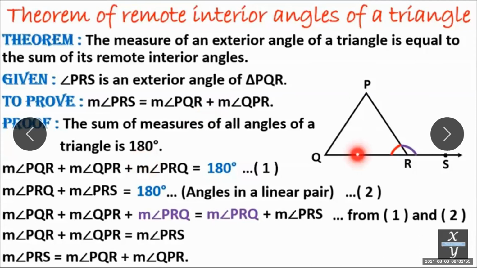By using this property, here we can write measurement of angle PQR plus measurement of angle QPR plus measurement of angle PRQ. These are the three angles of given triangle. Together measure 180 degrees. Okay, mark it as equation 1. Right?